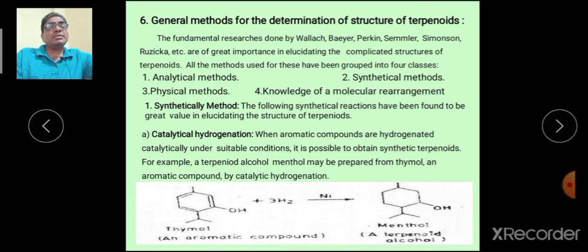This is thymol. On reduction, that is catalytic hydrogenation, this is menthol, and therefore the terpenoid is formed.